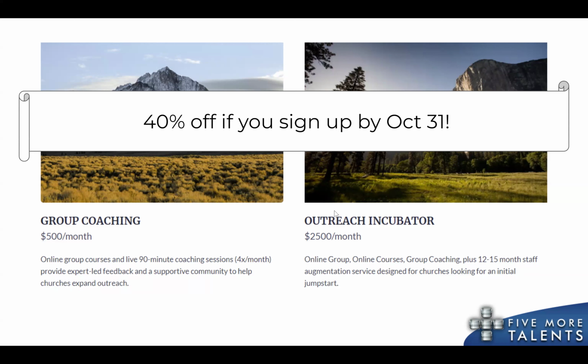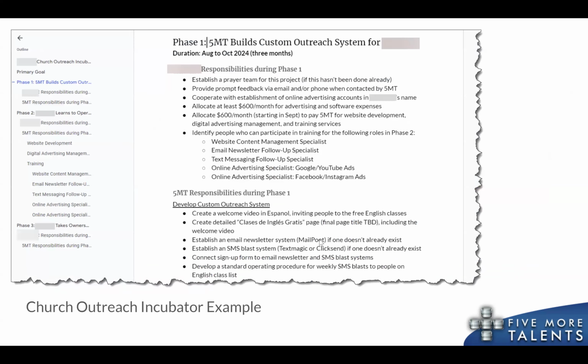But just to summarize, the Church Outreach Incubator is something where the Five More Talents team comes alongside your church for a limited period of time, 12 to 15 months. The first thing we do in phase one is take 3 months and build a custom outreach system that incorporates online advertising as well as follow-up using email newsletters and or text messaging.